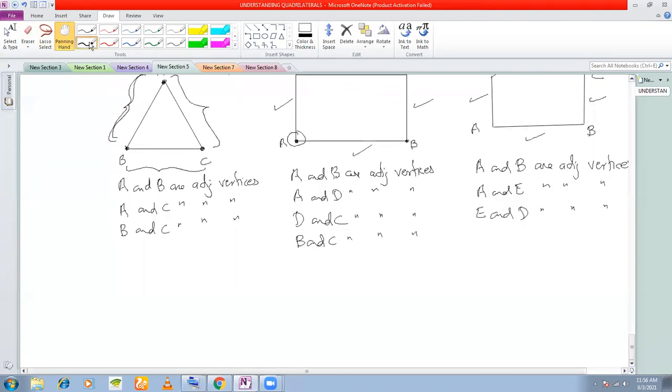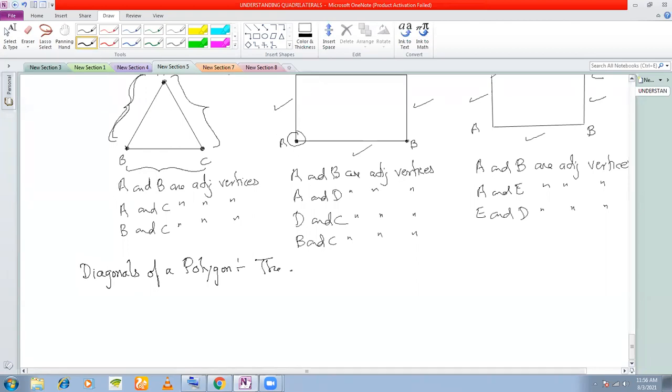Next, we'll define what are called the diagonals of a polygon. Now, what do you mean by diagonal?